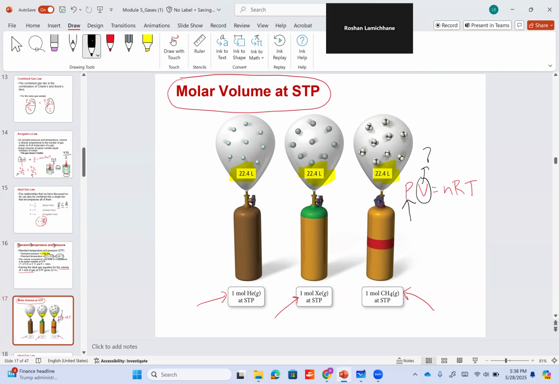Number of moles, since we're talking about 1 mole, is 1 mole. R is a constant, and the constant value will be provided to you. Temperature is 0 degrees Celsius, 273.15 Kelvin. If you solve this equation, the volume will be 22.4 liters. And that's how scientists are able to derive the molar volume at STP.